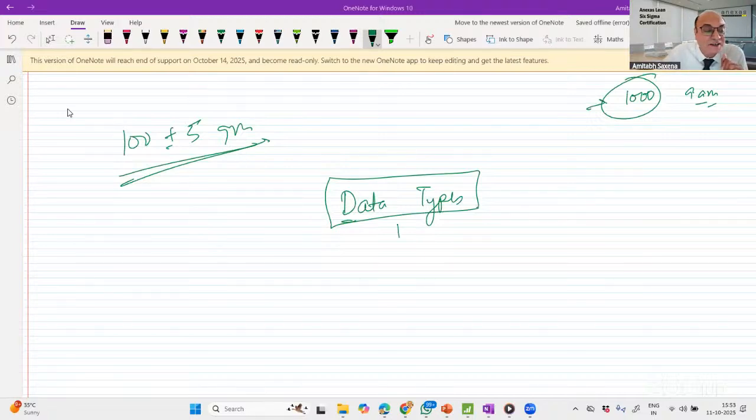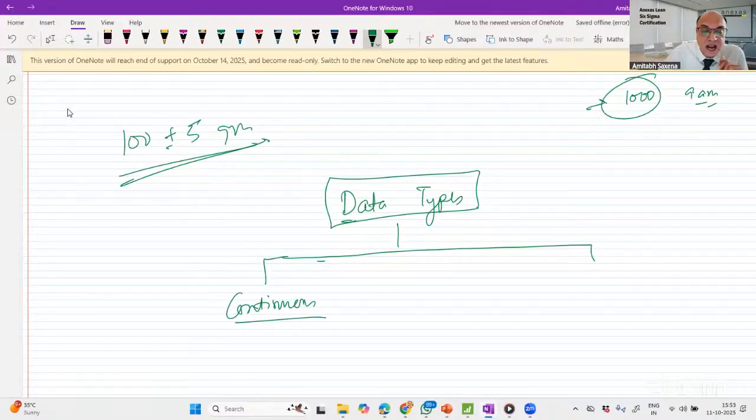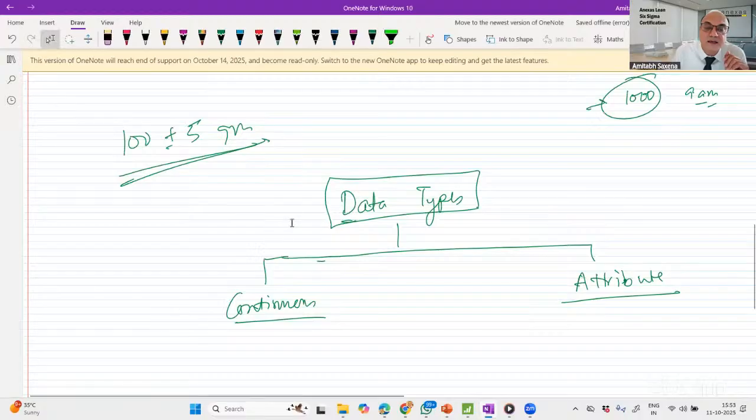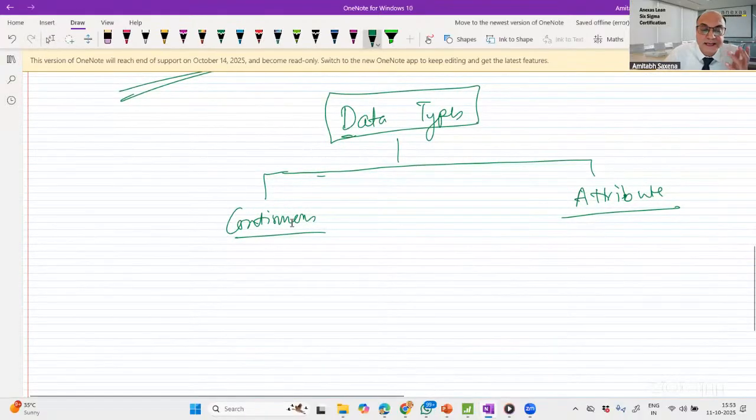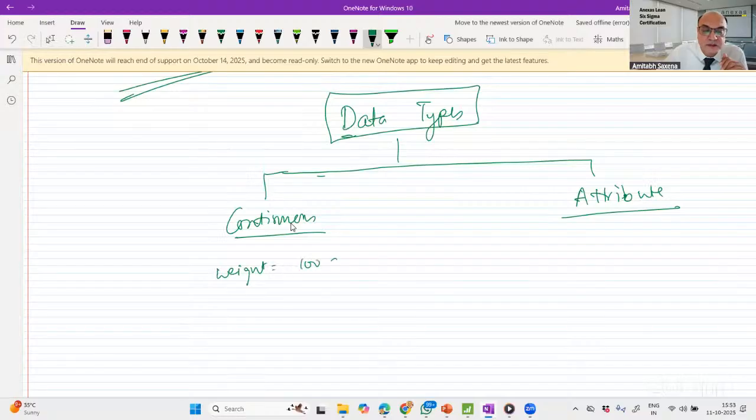Okay, data types. There are 2 types of data. We call it continuous data, and we call it attribute data. Please remember, there are 2 types of data: continuous data and attribute data. Continuous data is like the weight of the chocolate, 100 grams.